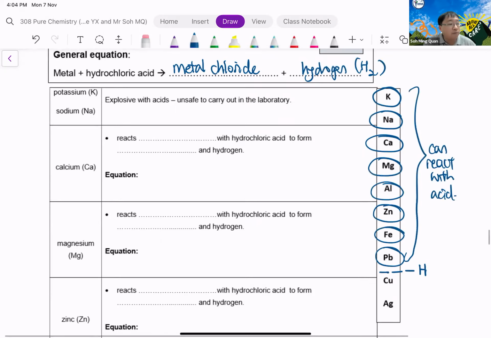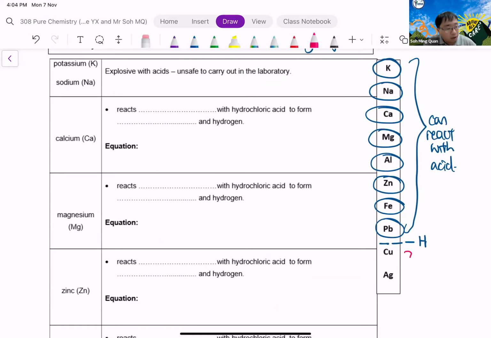Of course, anything below hydrogen cannot react. And that's the reason why under salt prep, we keep on telling you to make copper salt, you can't add copper metal into the acid. It wouldn't work because copper metal doesn't react with acid. It's below hydrogen in the reactivity series.